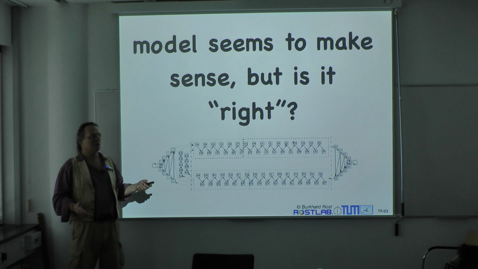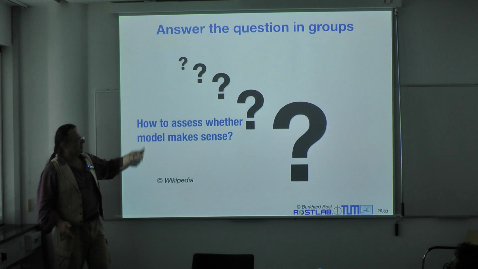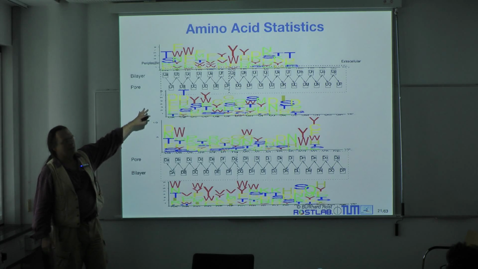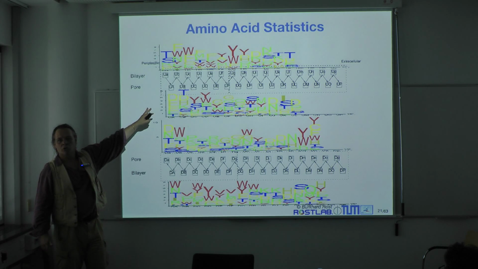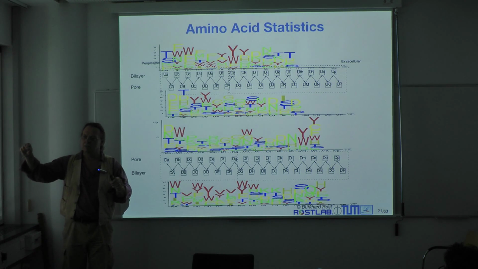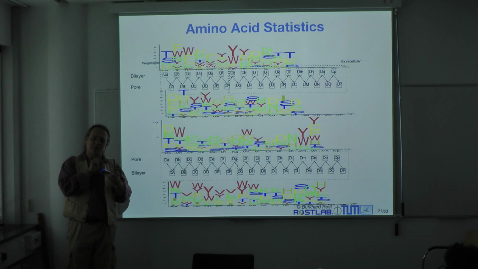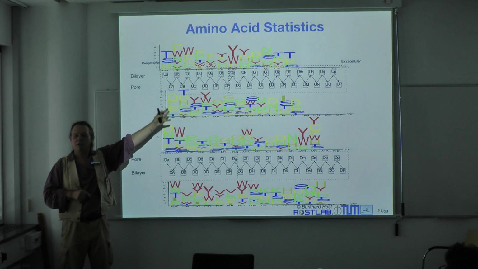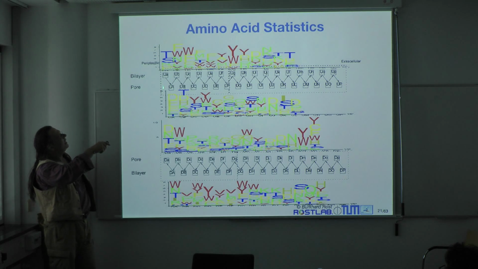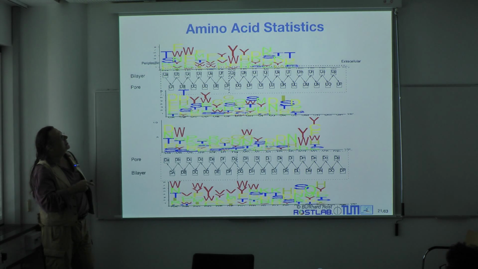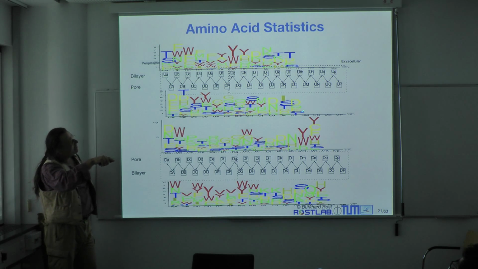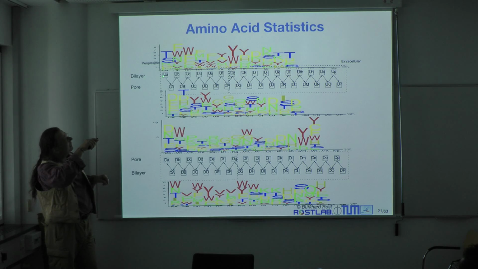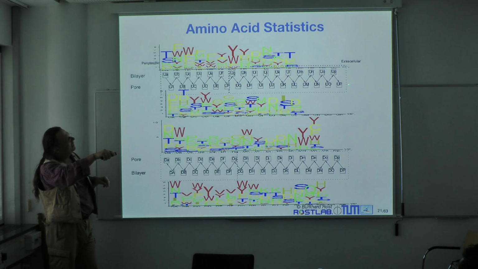So the first step, of course, is that you have to put the data into the model. So now that you have this label, you will simply look at every single residue that belongs to one label, and plot the probability of certain amino acids. So the height of the letter here is essentially proportional to how often you see that at that particular position. So this is the strand going through from the first residue to the last.